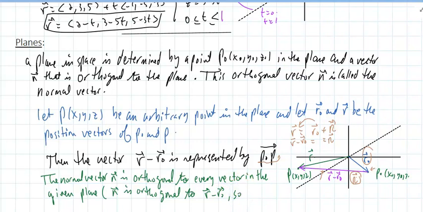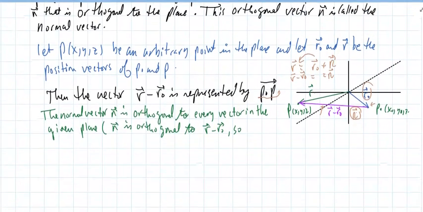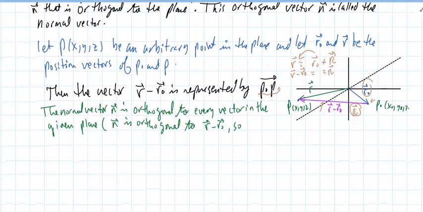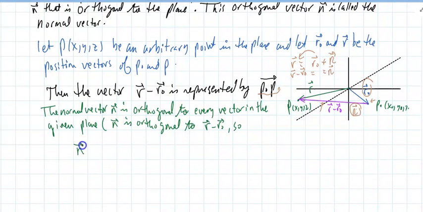So if I take n and I dot that with r minus r sub 0, that should be 0.